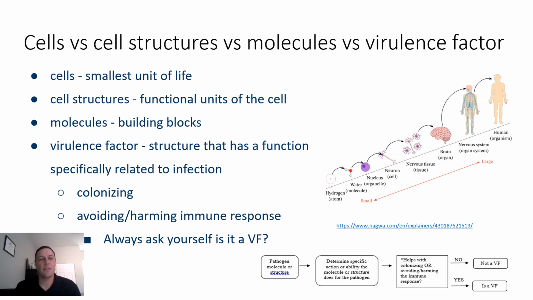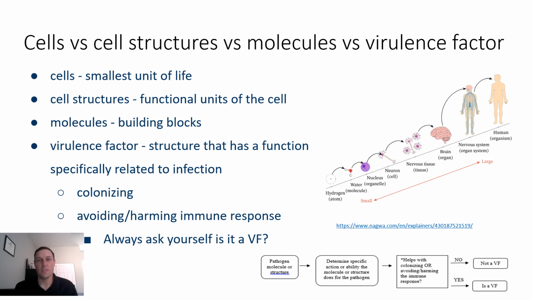And then we mentioned that there was a term, virulence factor, that we wanted to be familiar with, which is a structure that has some function specifically related to infection, either helping a microbe to colonize or to avoid an immune response when it is carrying out infection. We should always be focused on: is this a virulence factor?